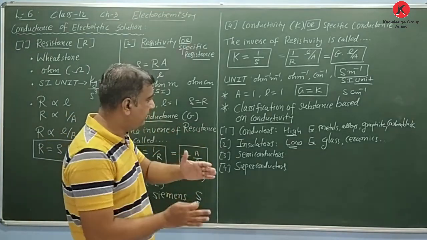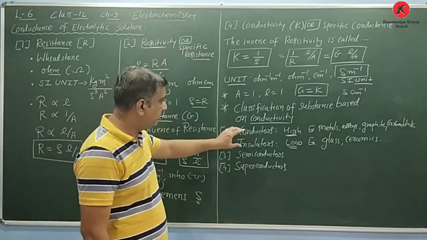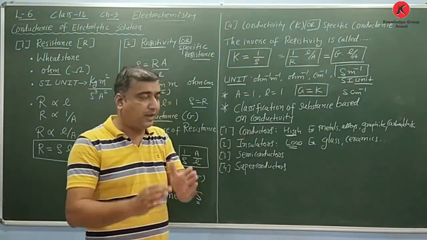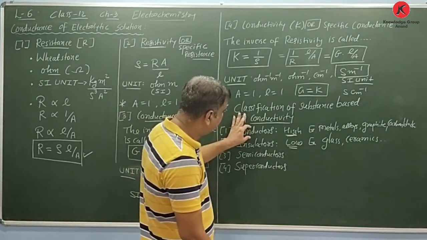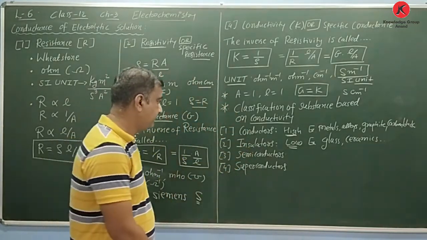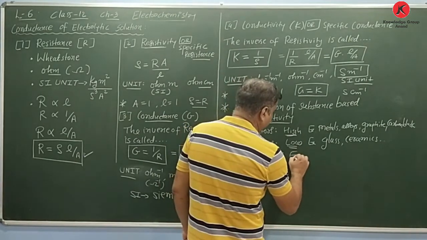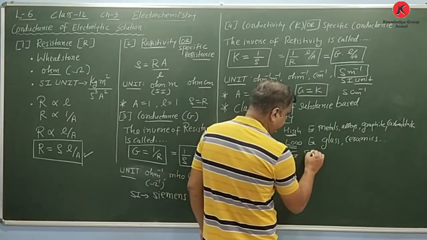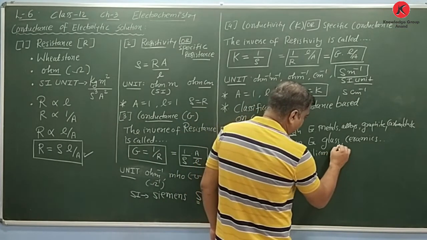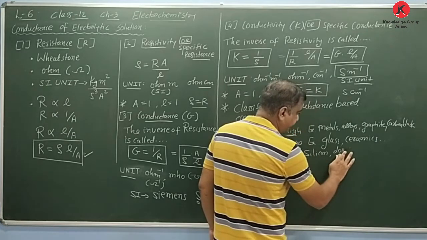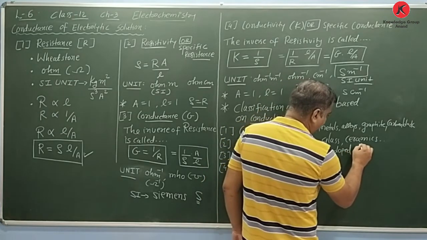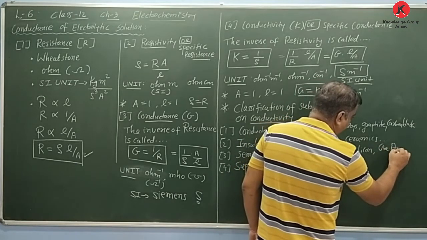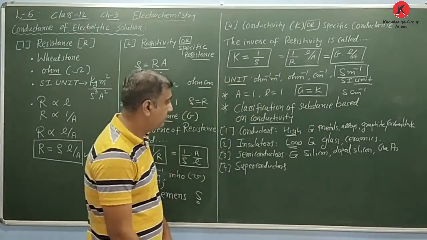A semiconductor has a value of conductivity between conductors and insulators, an average range between the values of conductors and insulators. Examples of semiconductors we know very well: silicon, doped silicon, then gallium arsenide, and so many examples.